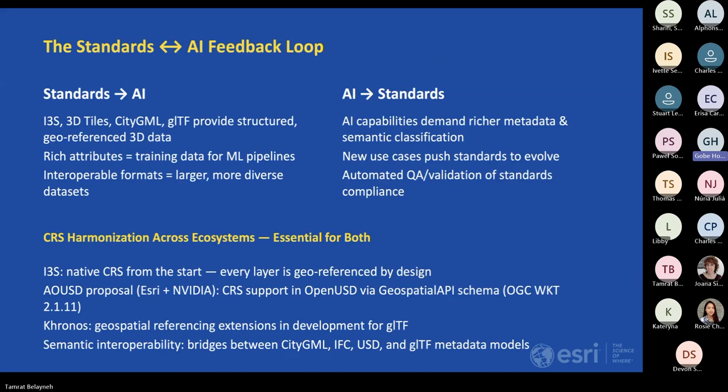So the key being that rich attribution will create this training data for a machine learning pipeline. We have a lot of attribution that we've been creating in our content workflows and in our databases, as the geospatial ecosystem. And there are many formats out there that are actually trying to mine this and use it.